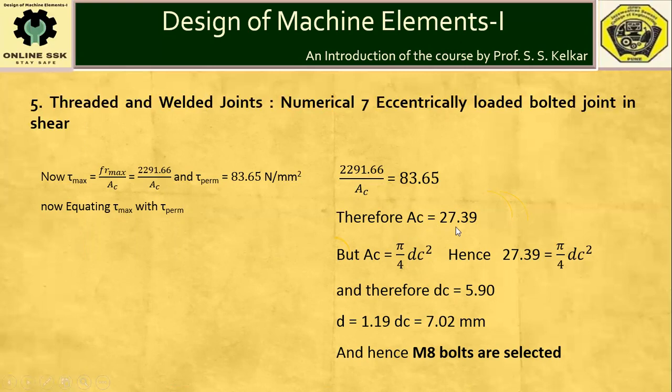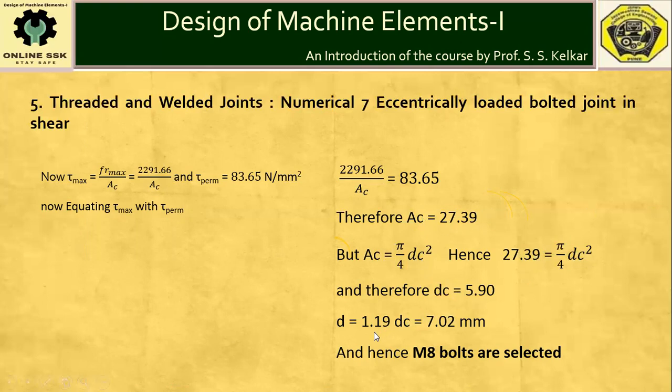In this particular case, that is equal to 27.39 millimeter square. Once we find the value of AC, AC is equal to pi by 4 dc square. So equating AC with pi by 4 dc square, we are in a position to calculate dc, the core diameter, which happens to be equal to 5.9 millimeter.